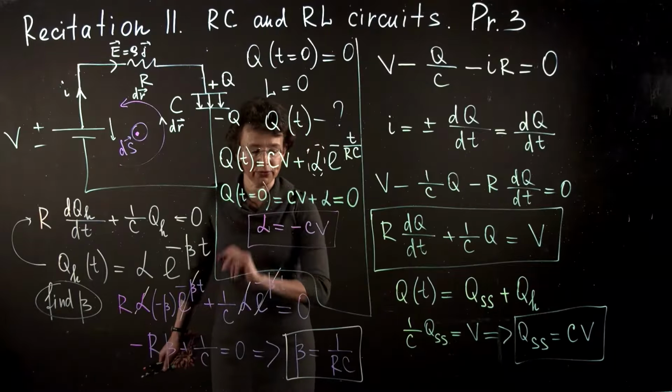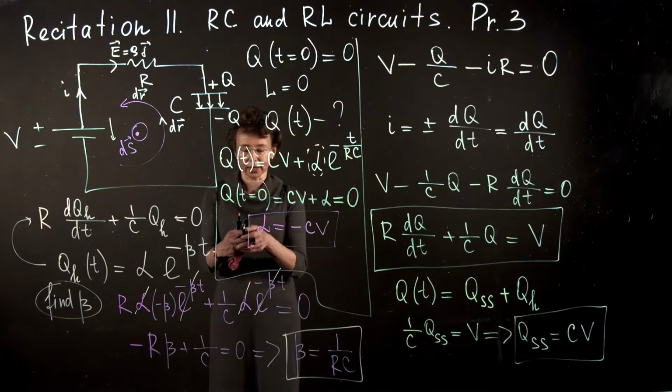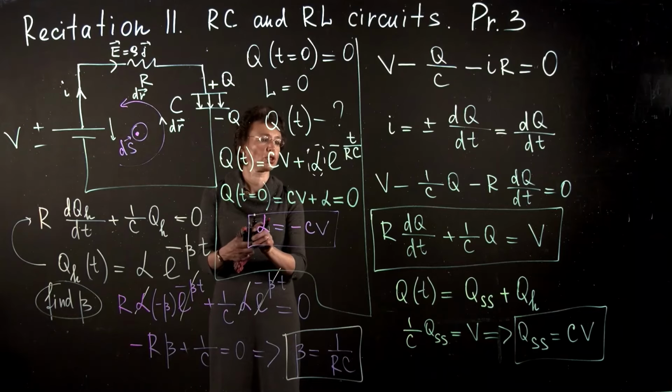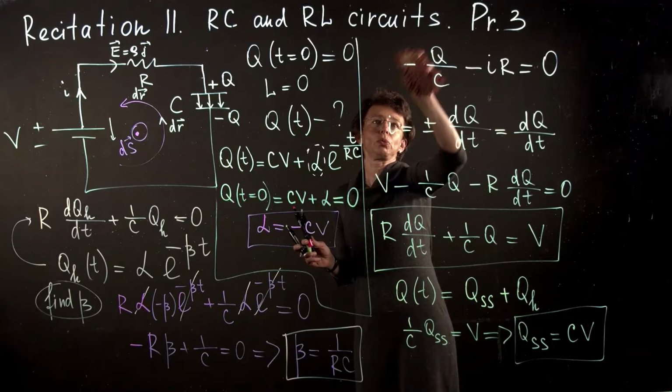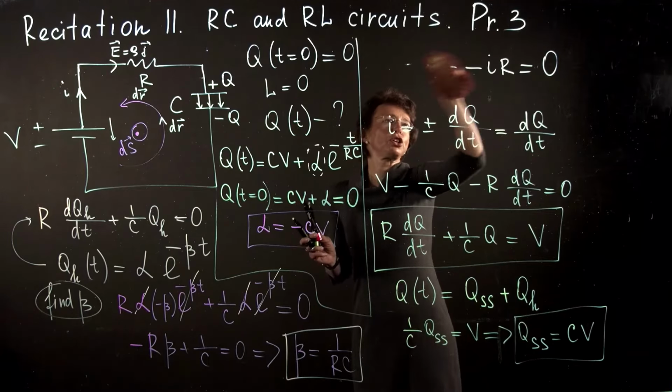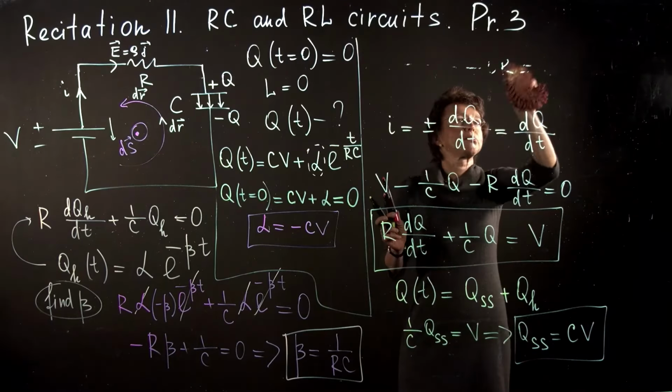Now we know everything. Let's write our final solution for the charge as a function of time. I will erase this equation and we will write it here. What is Q as a function of time?